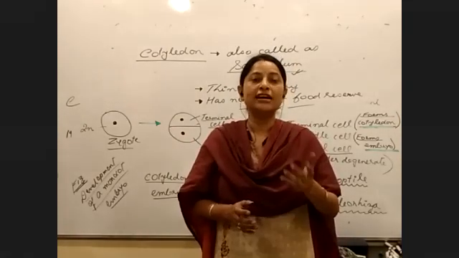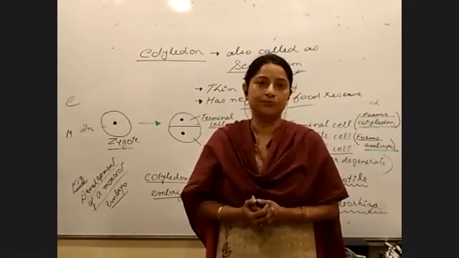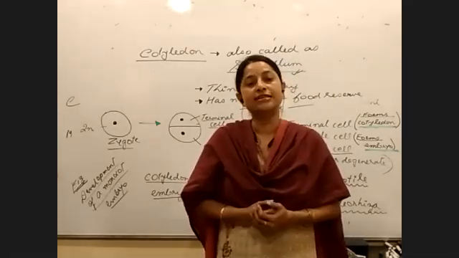Ultimately, what will arise from the plumule? The shoot will arise, and from the coleoptile, the shoot portion will arise. Just the two terms that are used in case of monocots.